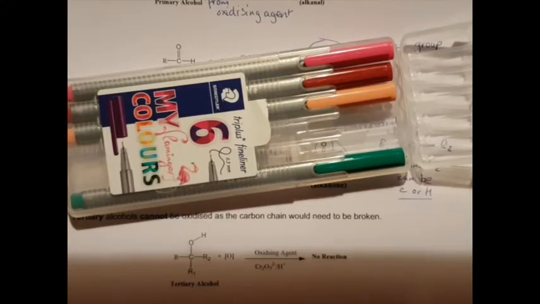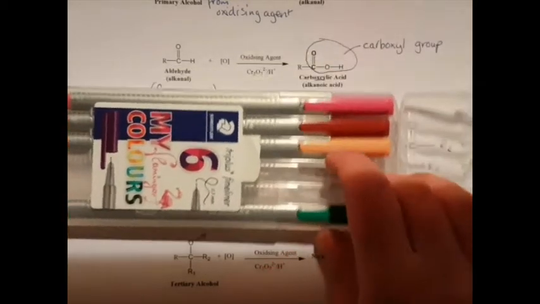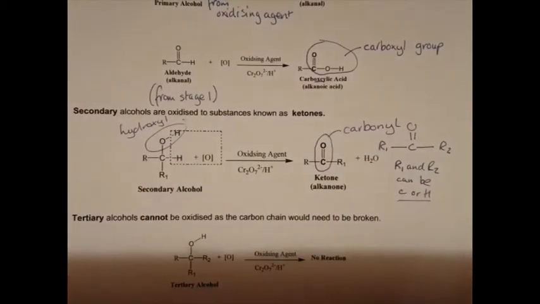Hopefully you're saying aldehyde, and the aldehyde is then oxidized to what? Hopefully you're saying carboxylic acid. And then when secondary alcohols are oxidized, the product is what? Hopefully you're saying ketone.